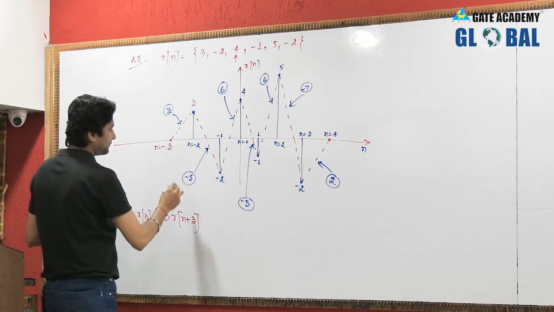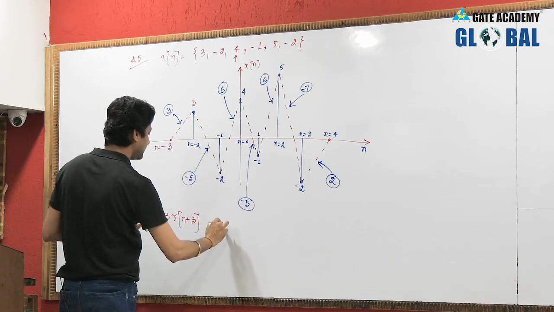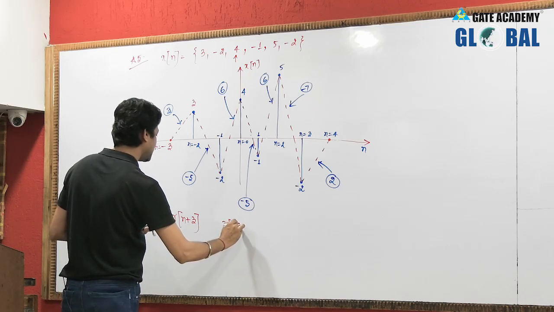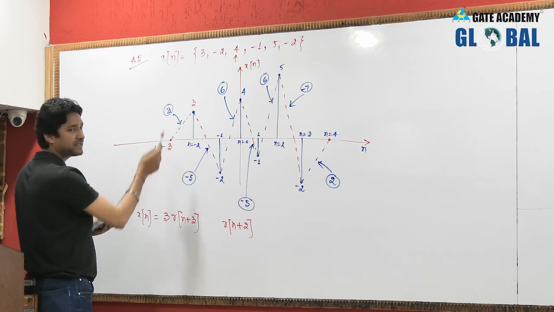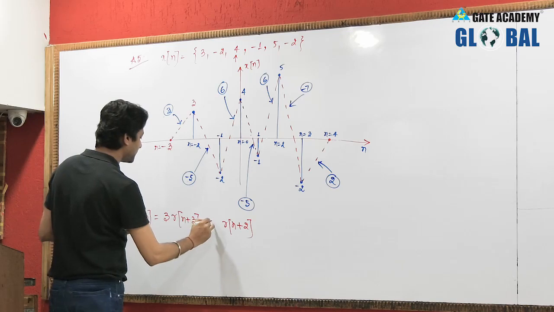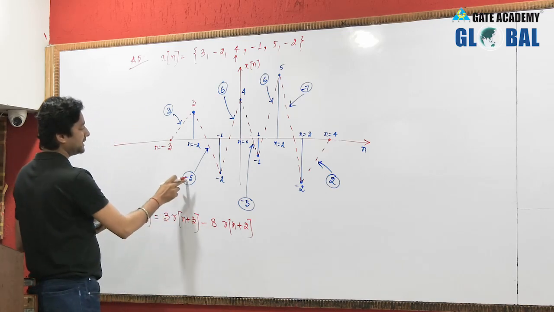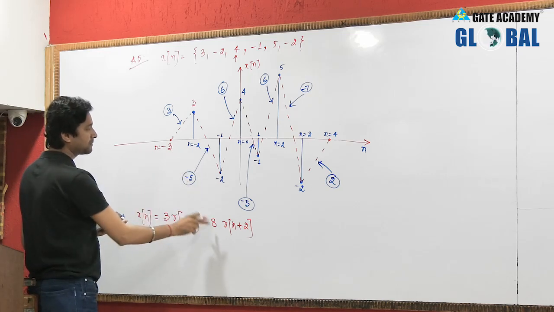For the next ramp function, which is occurring at n equals minus 2, you write r of n plus 2. Now you will have to take the change in slope, therefore minus 5 minus 3, the ramp slope is minus 8.